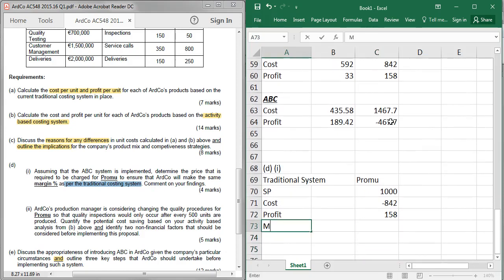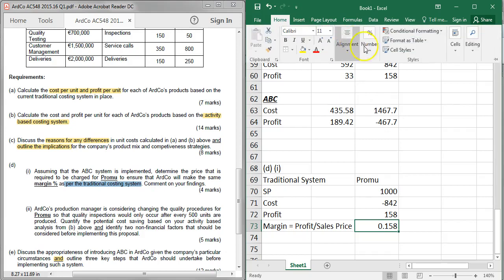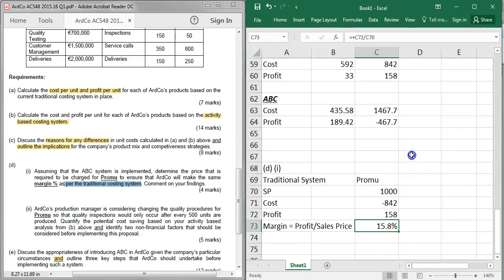Now remember here, margin equals profit over sales price. So what percentage of your sales price fell to profit? And that will be 158 over 1,000, which is 15.8%. That's your first step for a mark: calculate the existing margin based on the traditional costing system. So it's 15.8, or rounded up to 16, right?